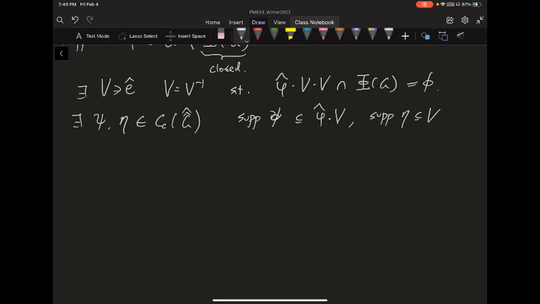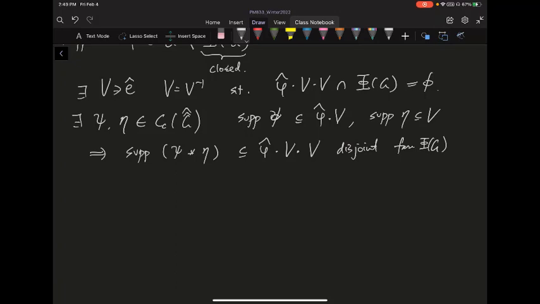All right, so now I have that the support of, not φ, oops, I should say ψ convolved with η, that's going to be contained in the product of these two supports. So I have φ̂ times V times another V. So this is disjoint from φ of G. So by the lemma we just showed, now I convolve two things that are compactly supported on the G double hat.